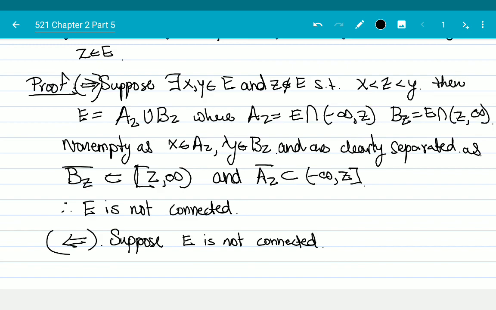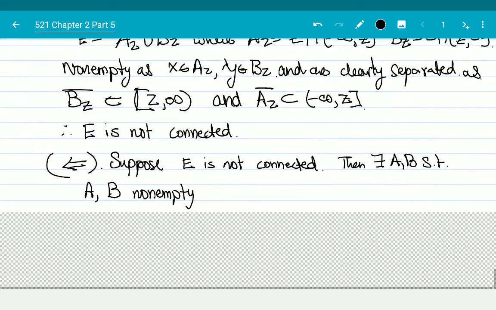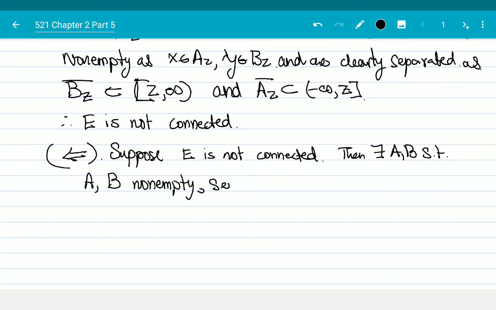Then there are two non-empty sets A, B such that A union B is equal to E. Then there exist A, B non-empty and separated, with A union B equal to E.